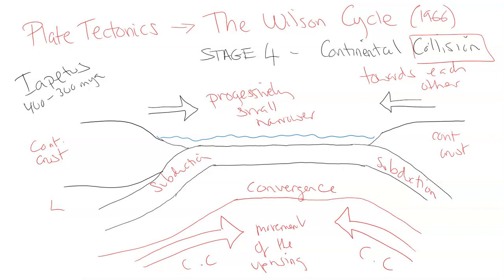So the cool thing is that this is what happened with the subcontinent of India, which broke away from Antarctica and Gondwana, and slowly but surely made its way up through the now known Indian Ocean, up towards the equator, and smashed into Eurasia, creating the orogeny that we know as the Himalayan mountains.